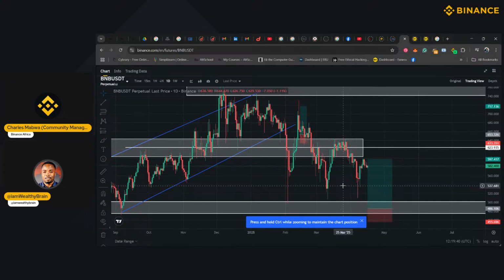That decision will not be the same as for a new coin, because the new coin has nothing to do with what? Previous data. But BNB has something to do with previous data. There is a structure that you can follow to understand what BNB is doing against what it has done and will be doing.